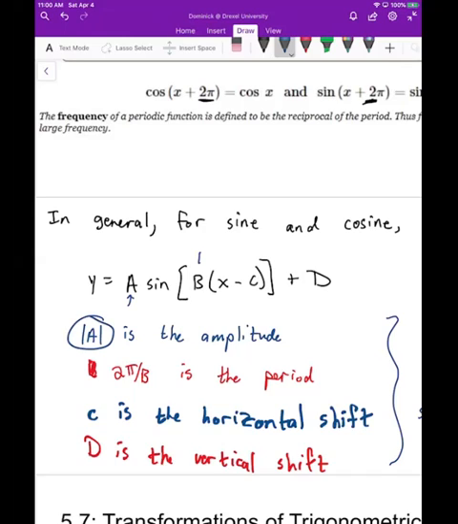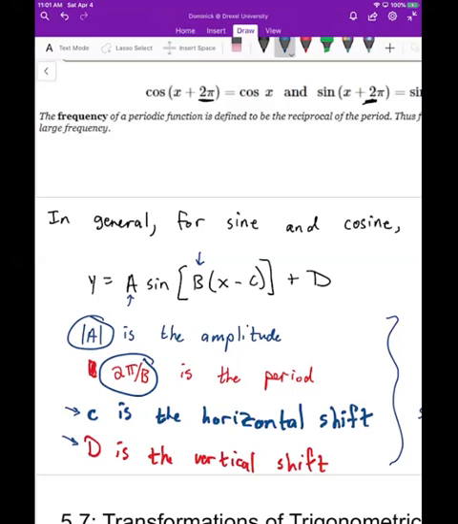Now, if you factor out your coefficient of your x term, if you take 2 pi and divide by that coefficient, that will give you what the period of the function is, right? And then just as we looked at in previous sections, c would give you the horizontal shift amount, right?